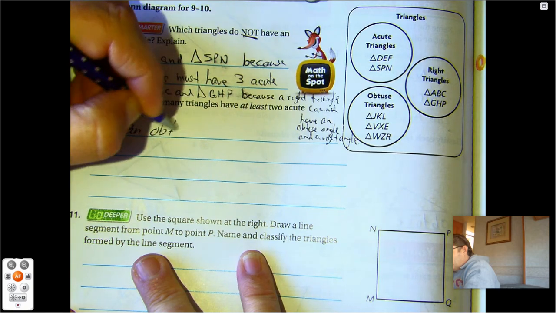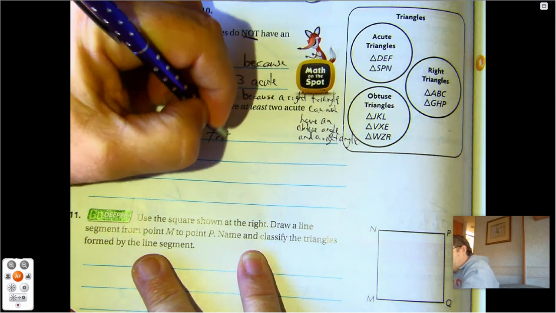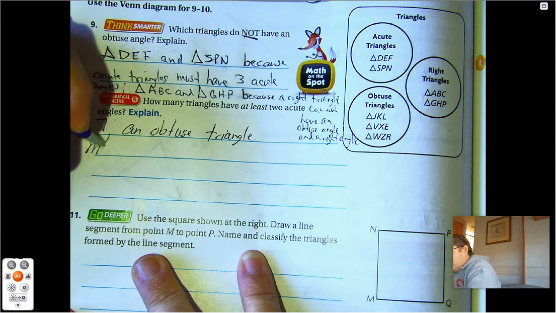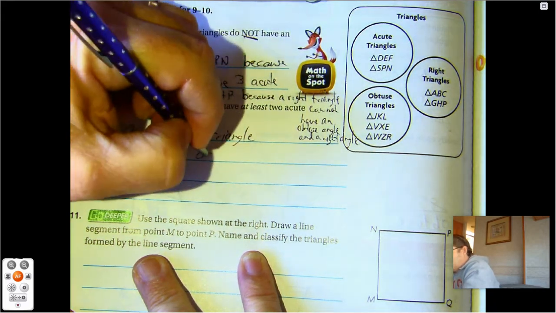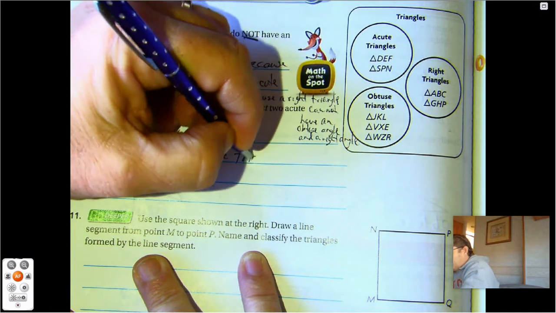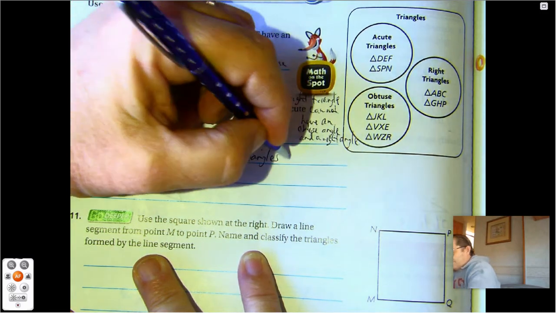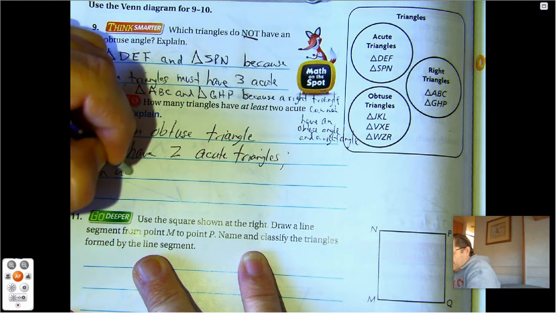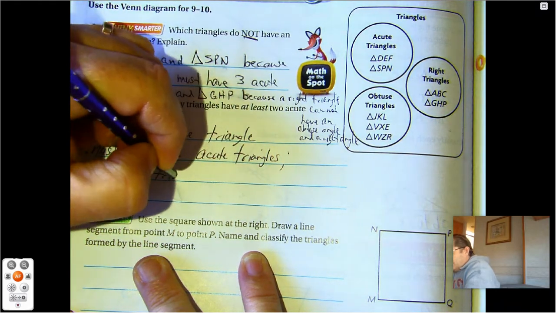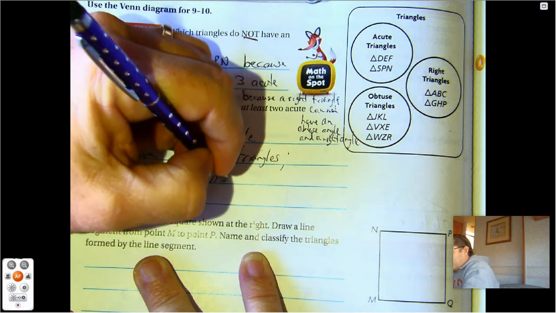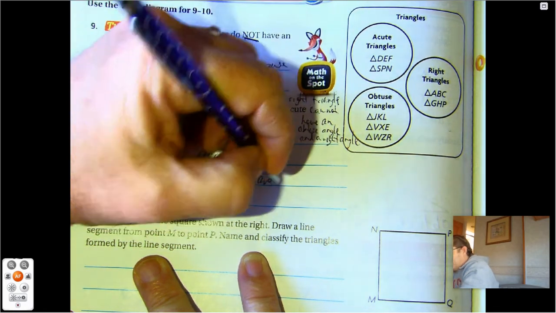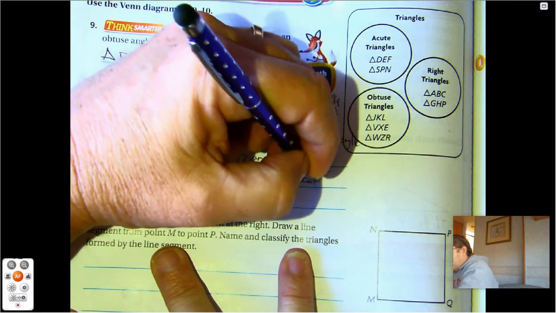An obtuse triangle must have 2 acute triangles. An acute triangle must have 3 acute angles.